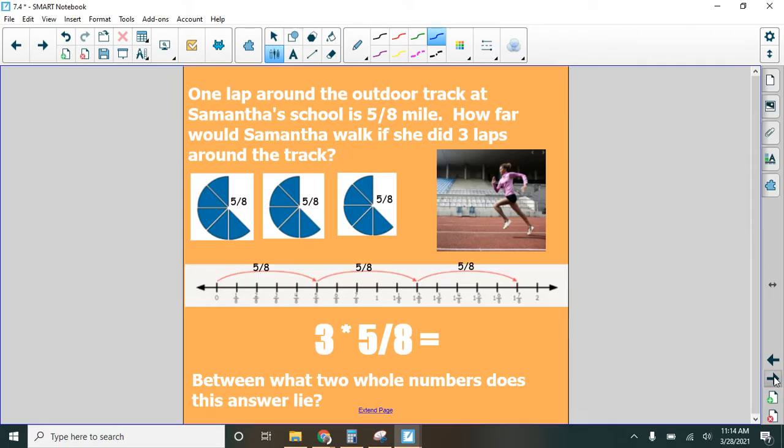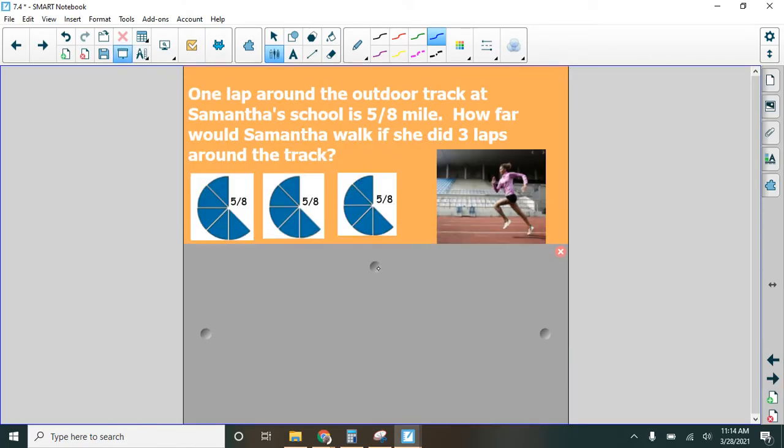Well, we have different ways that we can show that. And that's what I want to show you here today, right? One way to represent that, having this visual representation is very important, is by drawing a picture. Okay, we could draw 5/8 and then another 5/8 and then another 5/8. So this is one visual representation of this problem.